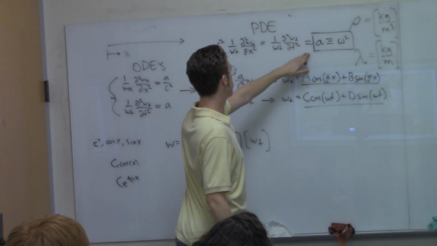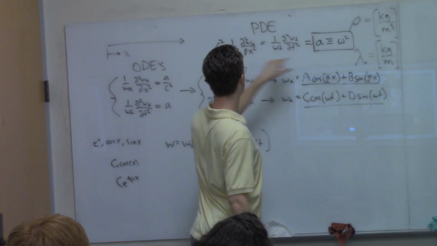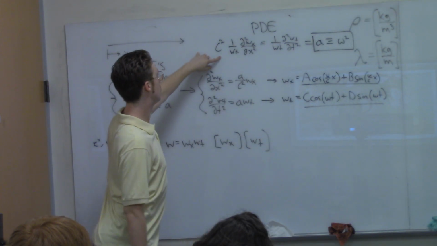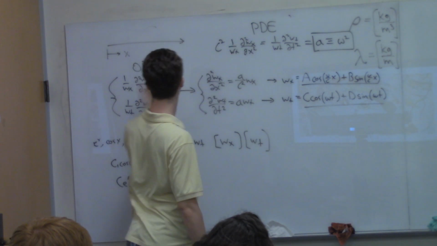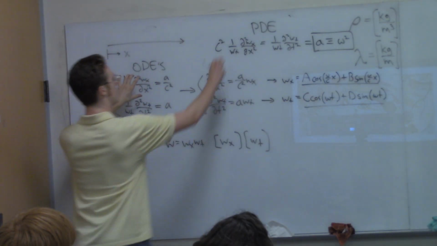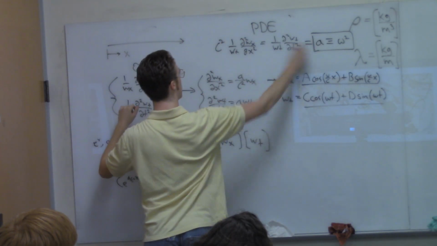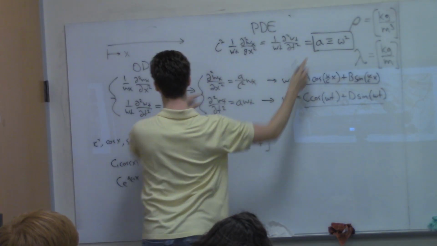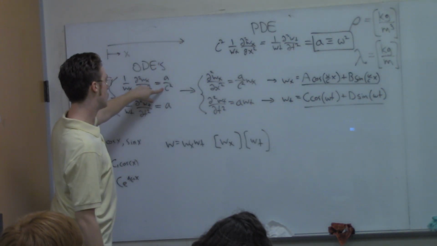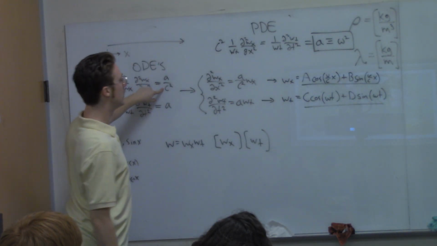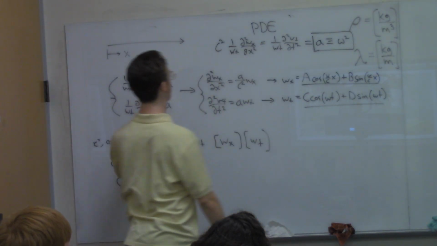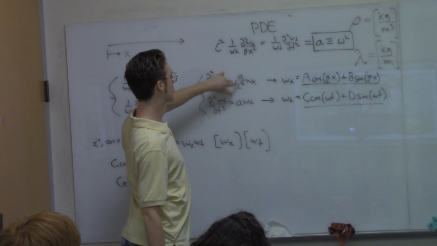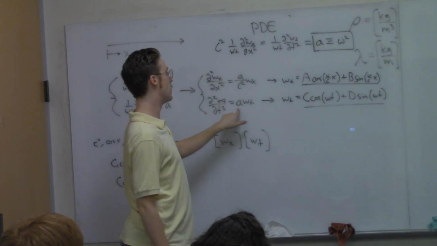So, if both of these are equal to A, and this one is equal to c squared, this right here is equal to A. We divide both sides by c squared, then we have the A up here divided by c squared. And since omega squared is equal to A, it's the same as saying omega squared divided by c squared.